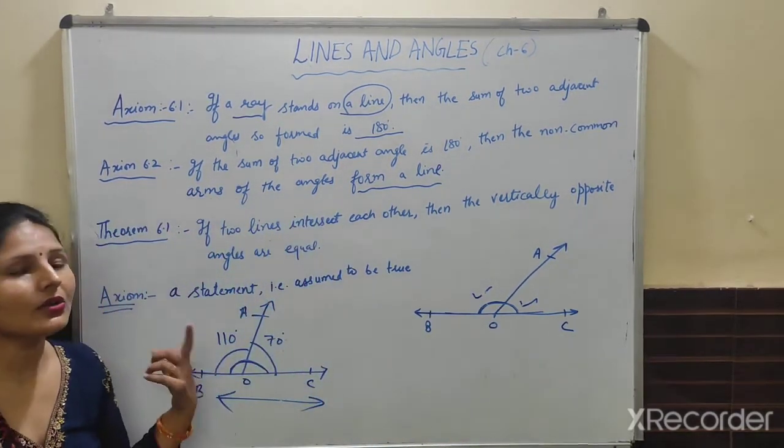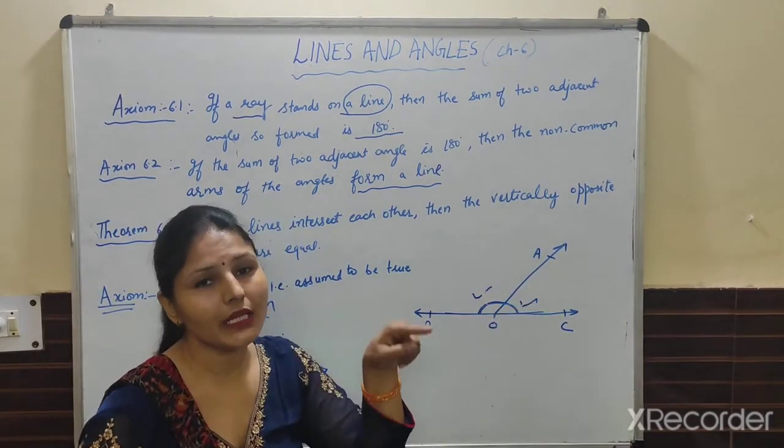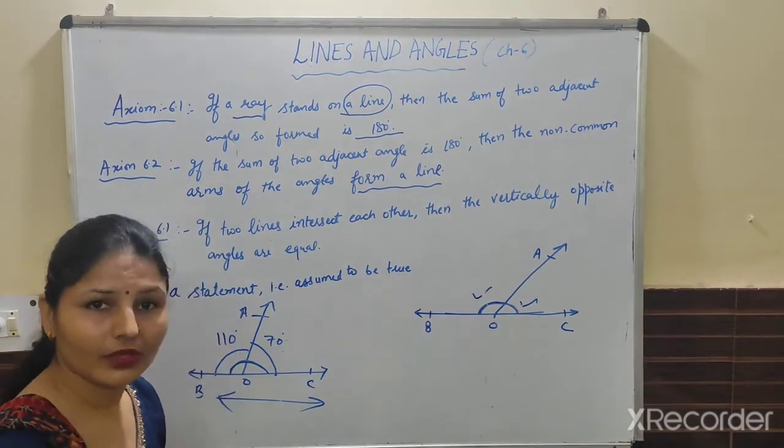If these non-common arms form a line, then the sum of two adjacent angles will be 180 degrees. Okay, understood?